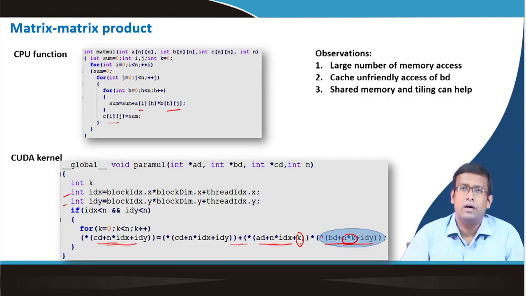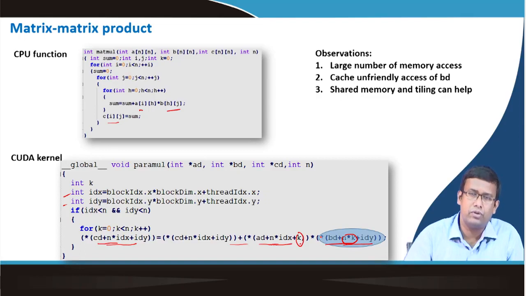and because we have to every time read from the global memory, the device RAM, and bring it to the CUDA cores, and many memory readings are required, there is a cache issue, the effective bandwidth will be low, and it will be a slower process.